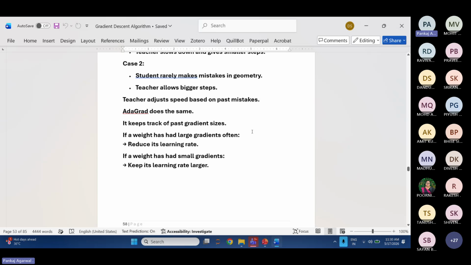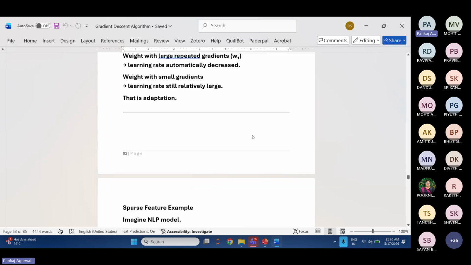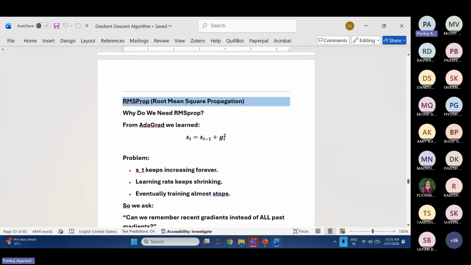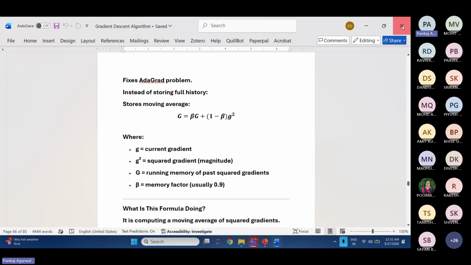Just go through it, although it was not part of the syllabus, so I didn't cover it. But these are very important things, right? You must have heard about root mean square propagation. These are also different optimization algorithms which are a part of it. Anyone who has used machine learning must have seen these algorithms at the back of it, isn't it? So go through it, it would help you, right?